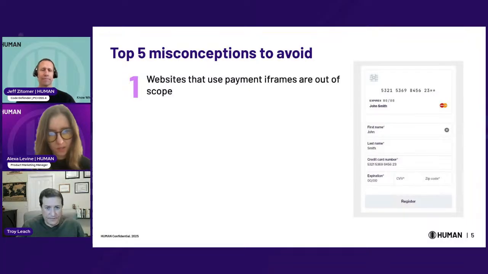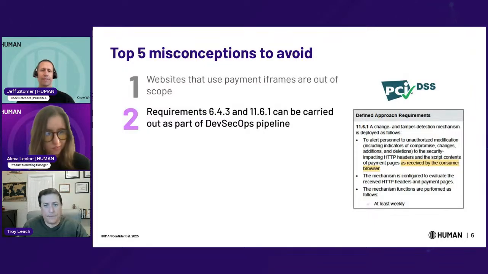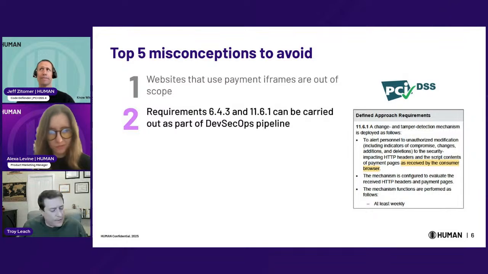Makes sense. Thank you. Troy, why can't these requirements be carried out as part of the DevSecOps pipeline? So, I think one of the challenges that we have is a very dynamic type of e-commerce environment these days.